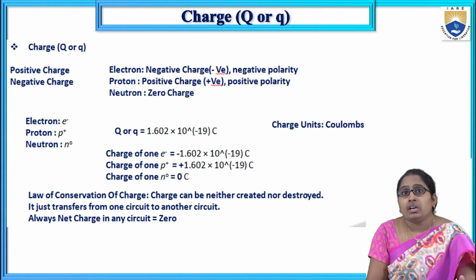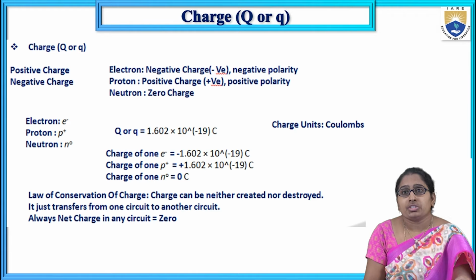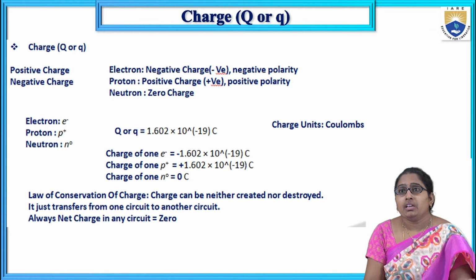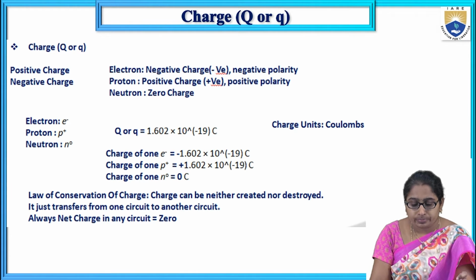Here the law of conservation of charge is defined as: charge can be neither created nor destroyed, but it just transfers from one circuit to another circuit. So the net charge in any circuit is always 0. That is the law of conservation of charge.